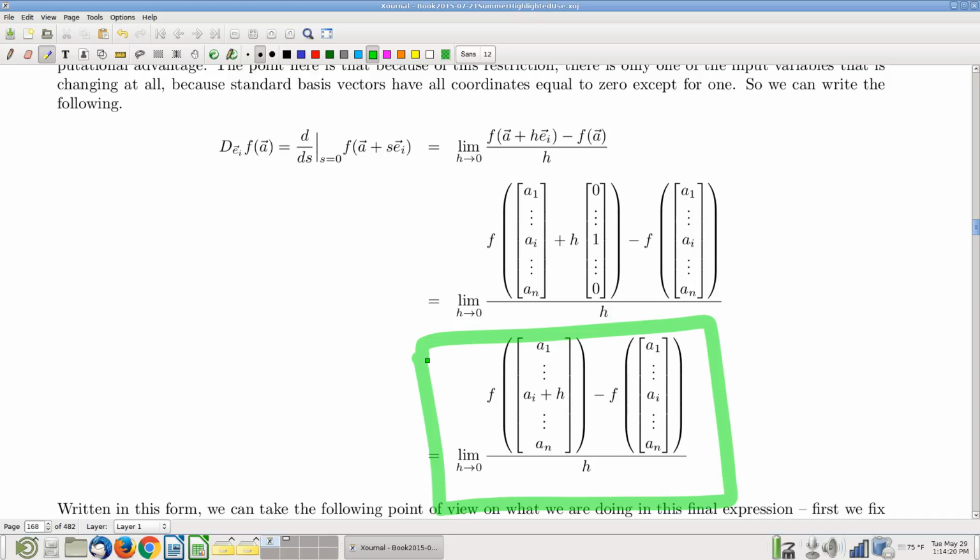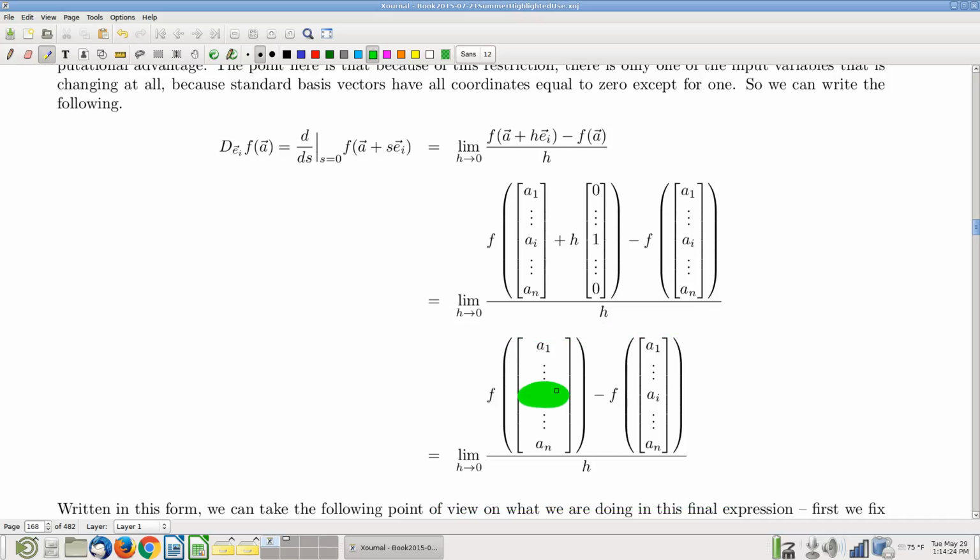And because only one variable is actually changing, and all the other variables are staying constant, it's like we're treating this function f as a single variable function. It's like we're saying, f is a function of several different variables, but let's staple most of them down to the ground. They're not allowed to change.